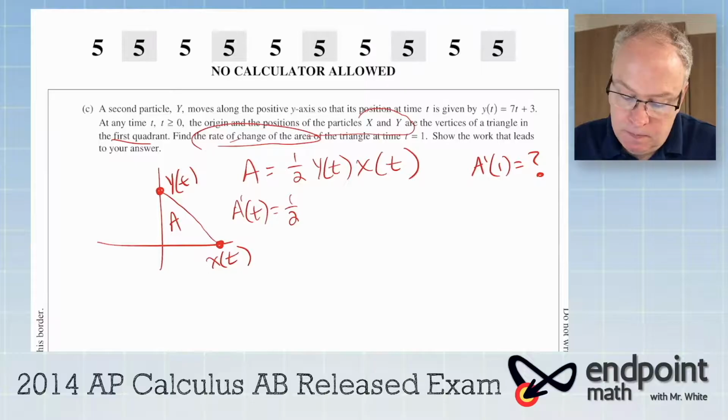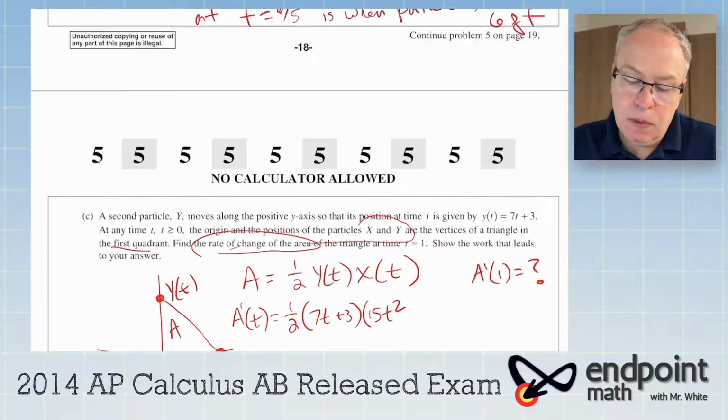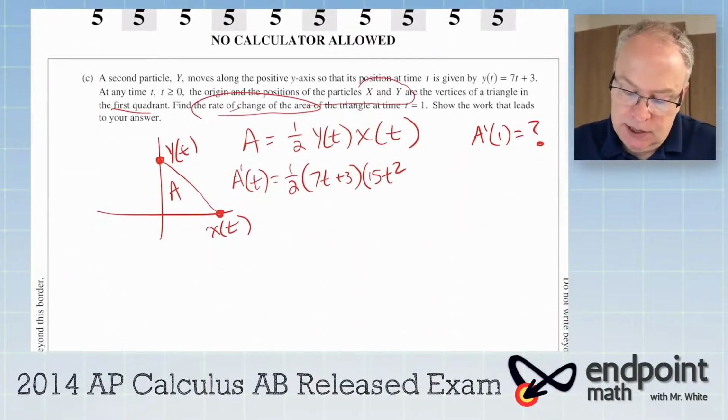15t squared. I've got to go ahead and put y of t in there. 15t squared minus 18t.